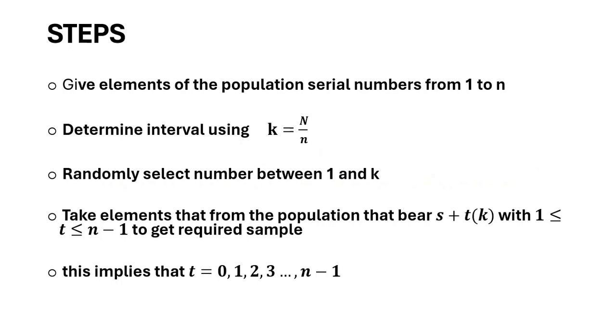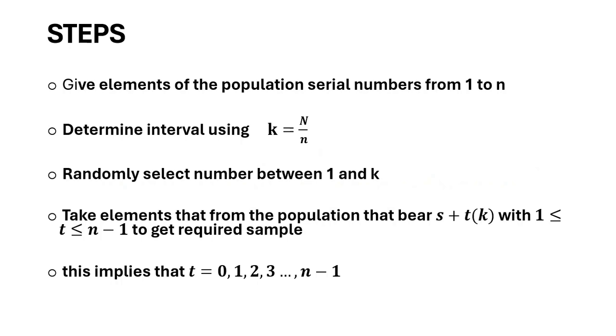There are some steps that we have to follow when doing systematic sampling. First, we give the elements of the population serial numbers from 1 up to N. Then we determine our interval using k = N / n, where n is our sample size.